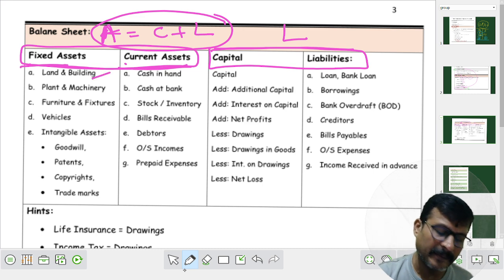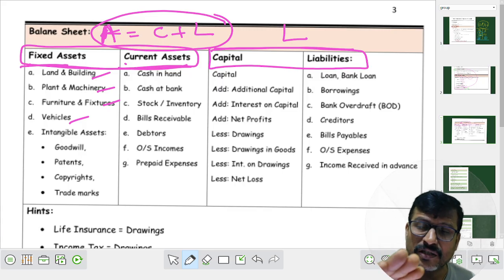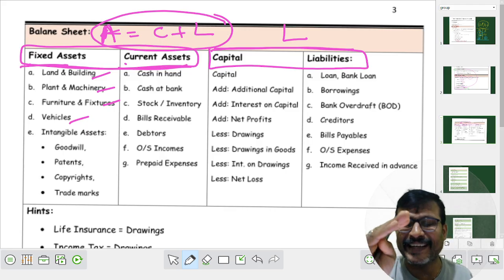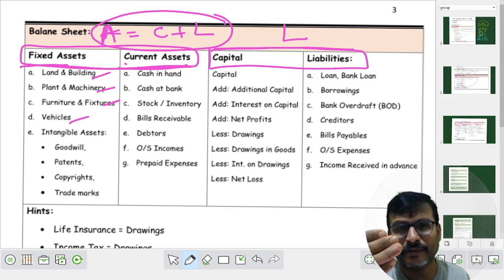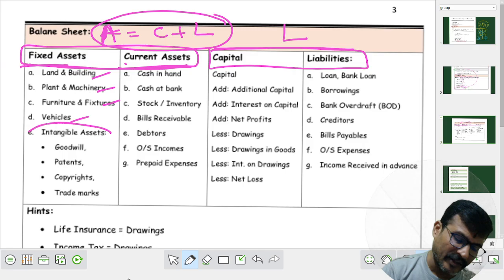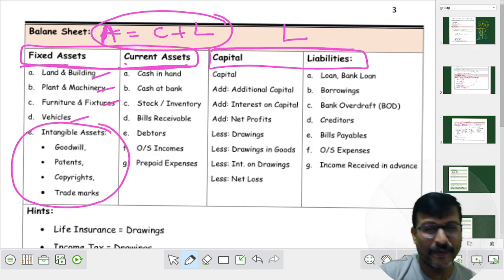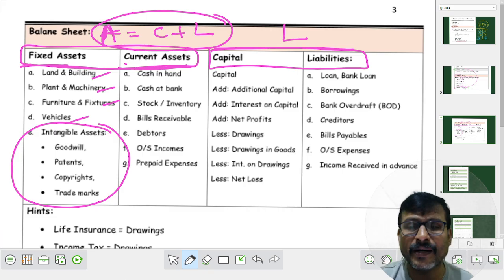Land and building, plant and machinery, furniture and fixtures, vehicles that we can touch, we can feel the existence of the asset, that can be bought and sold, is a tangible asset. But we have some intangible assets: goodwill, patent, copyright, trademark. Apart from that, we have franchising.